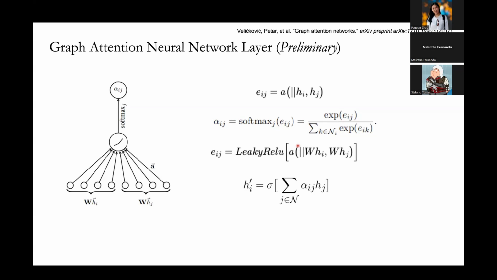We take the output of this network as alpha ij. Basically, alpha ij is the normalized output of the attention neural network over its local neighborhood. Then we calculate the updated feature vector of the ith node as a weighted average.